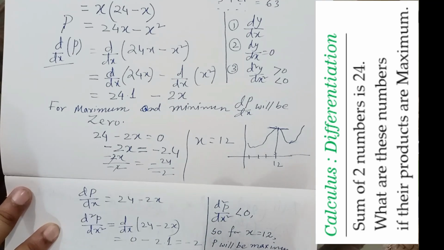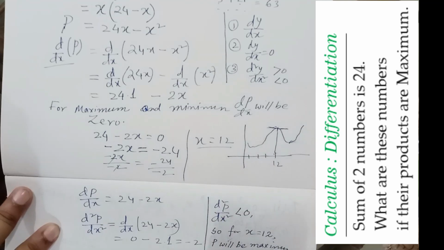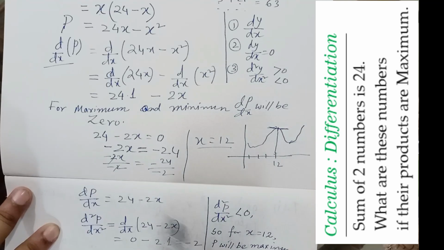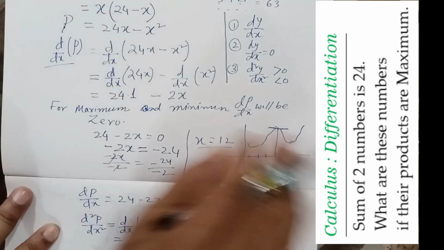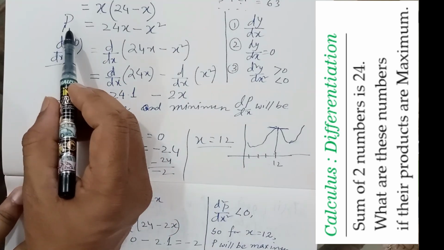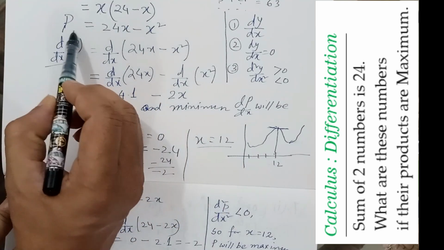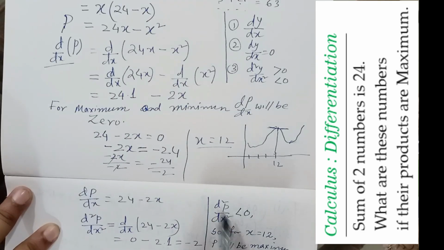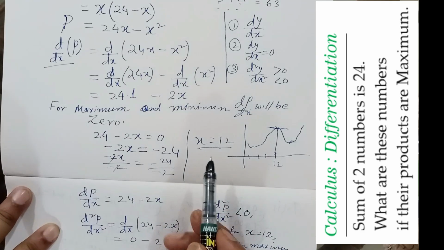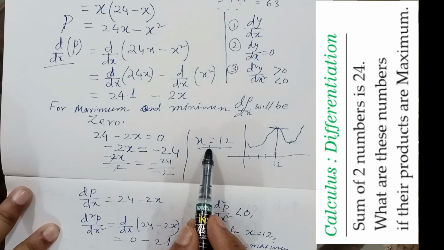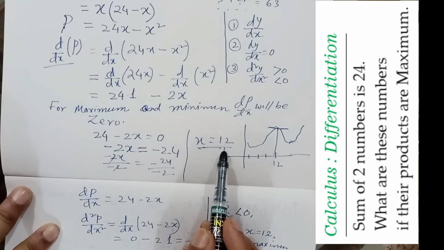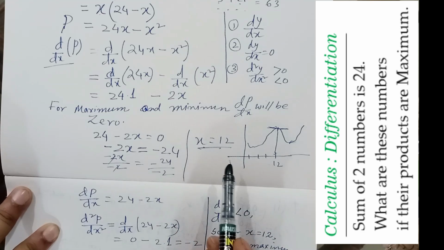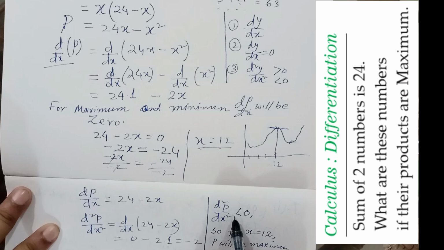So you have to write that for x equal to 12, this P function, because always remember we are trying to maximize this P function, is maximum. The step is that in dy dx you will get x values, and for those values we have to test it.